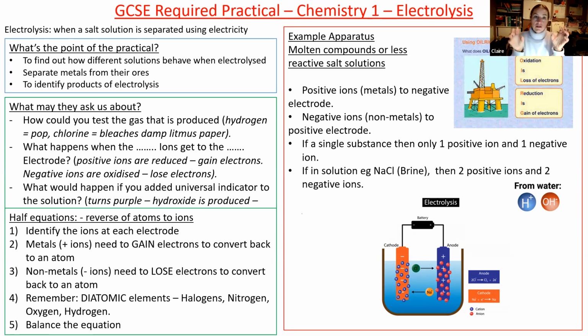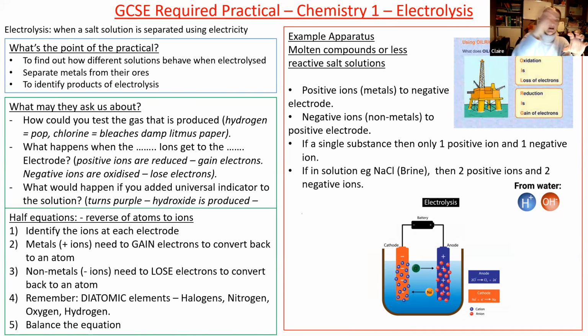Then at those electrodes, either the atom is getting rid of the electron that it gained to become an ion, or it is gaining back the electron that it gave away to form an ion. So it's actually a reversal. You've gone from an atom to an ion, and now in electrolysis, you're going from an ion to an atom. So metals in group 1 and 2 will lose their electron to become an ion.